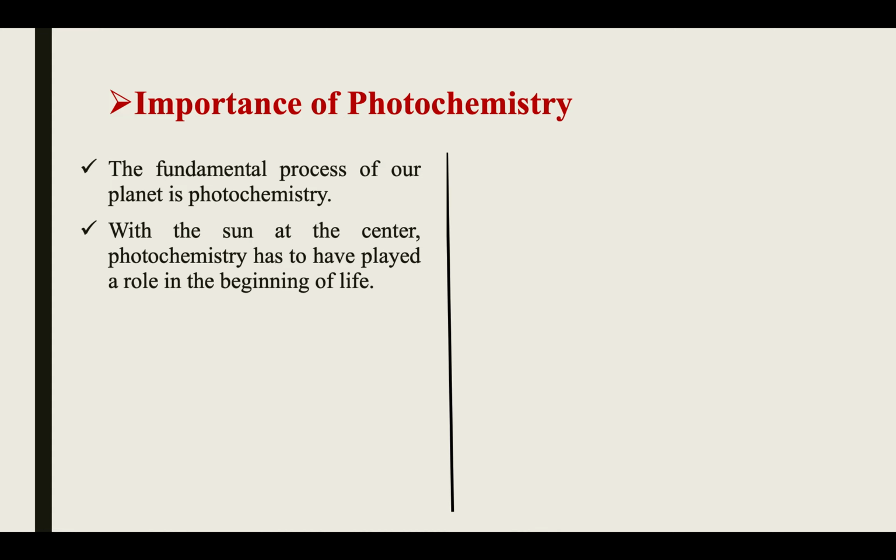With the sun at the center, photochemistry has to have played a role in the beginning of life. As the evolution process happened over time, the sun is the key factor in the whole process, because the sun radiates electromagnetic radiation and that radiation is useful for the photosynthesis process.